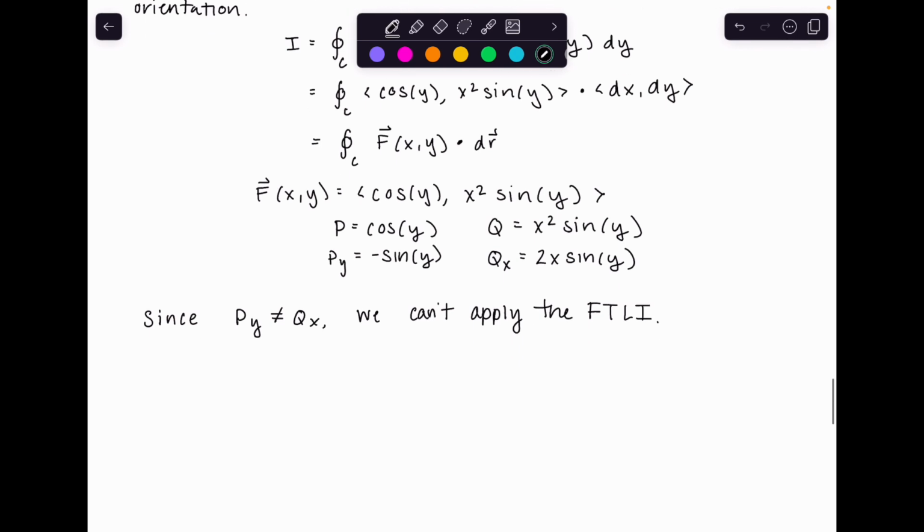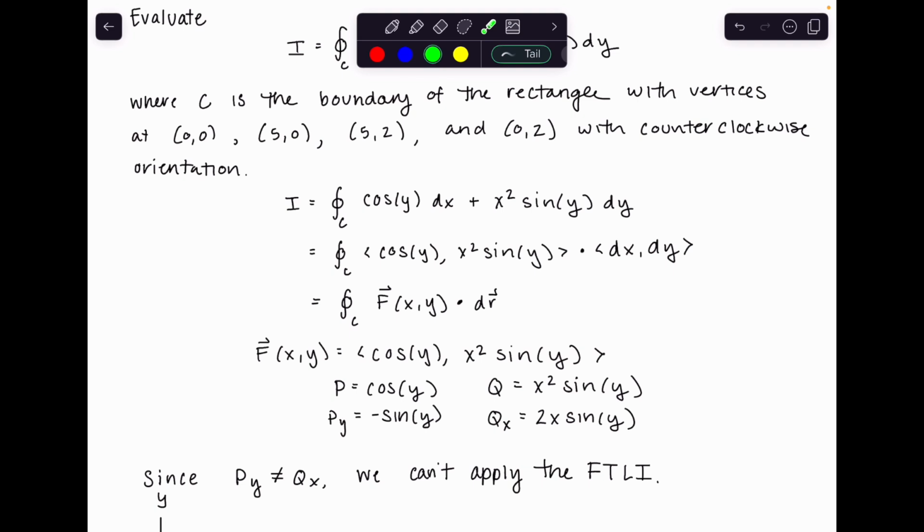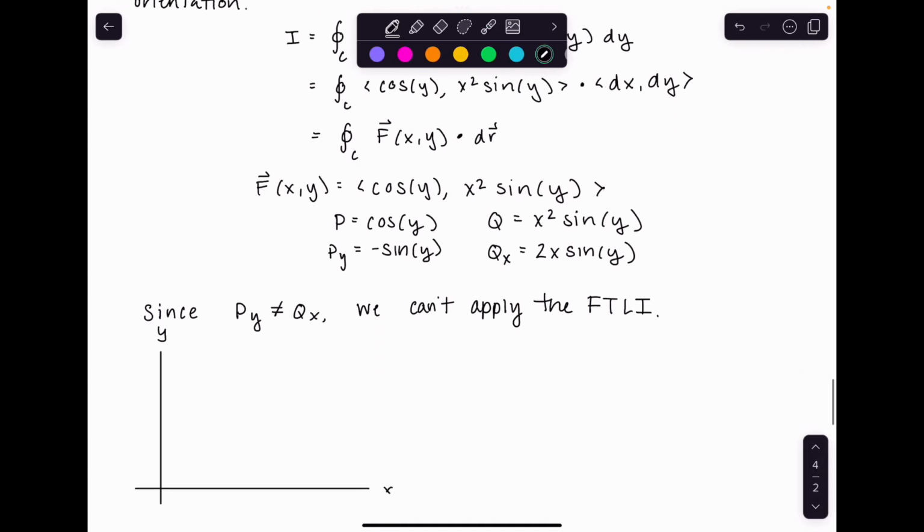However, the region that they give us is a rectangle. And if I look at these points, my x goes out to 5 and my y goes out to 2.